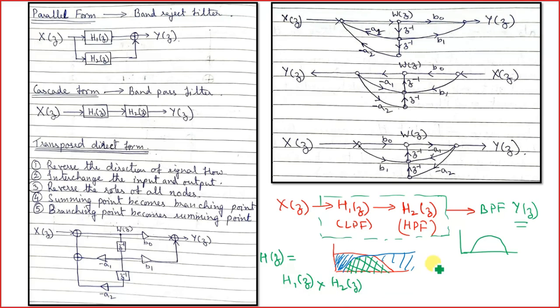Okay, now the next thing is that this multiplication is commutative in nature. That means H2Z multiplied by H1Z will give me the same results. Okay, so what do you mean by that?